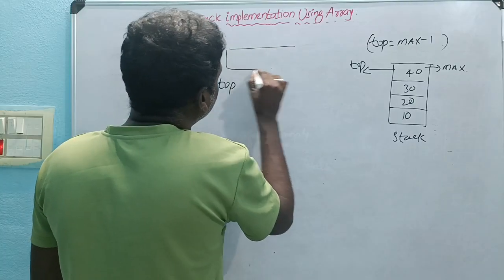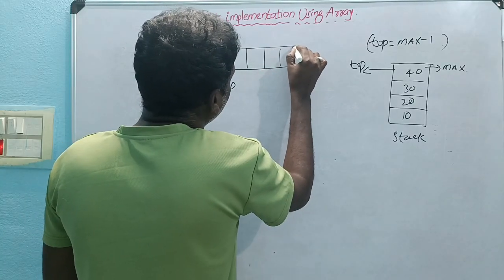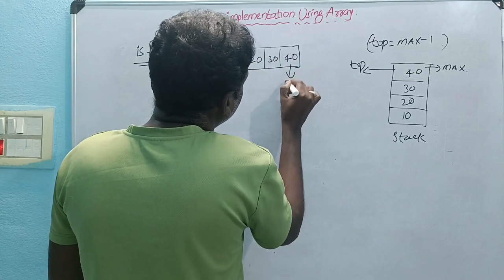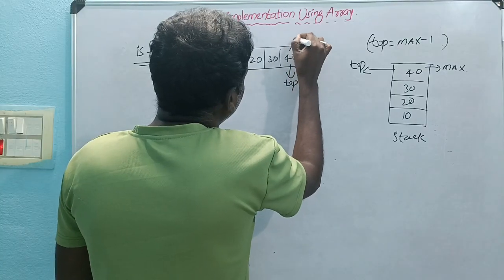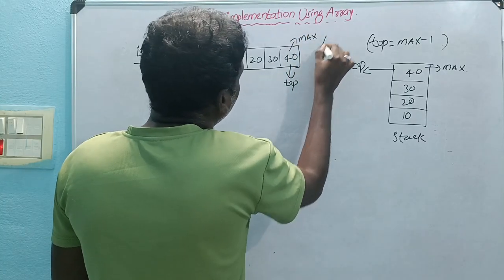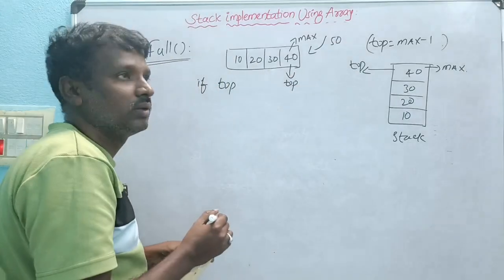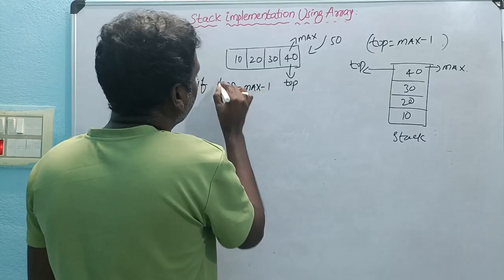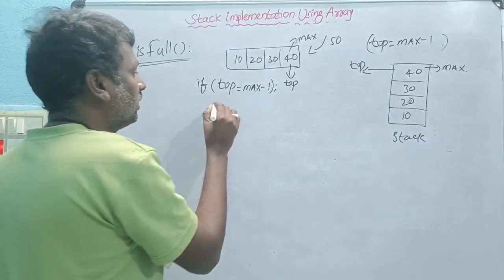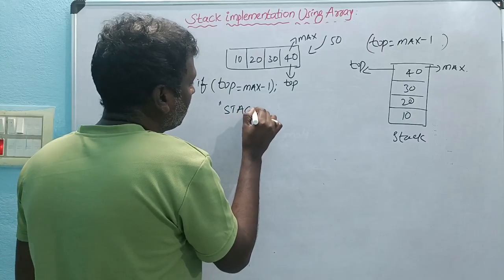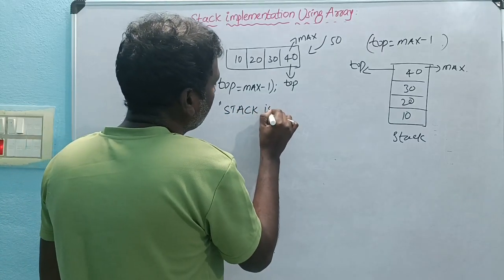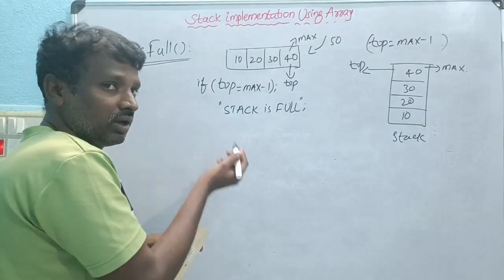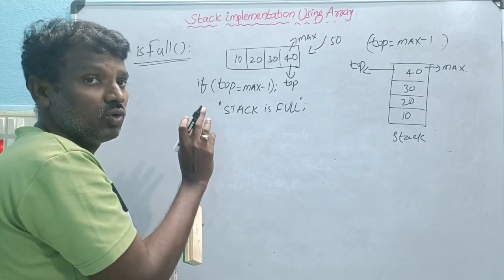Draw this diagram: 10, 20, 30, 40, this is top, this is max. Now we are trying to insert an element. At that time top equal to max minus 1, so it simply displays stack is full. It returns true, which means the stack is full.